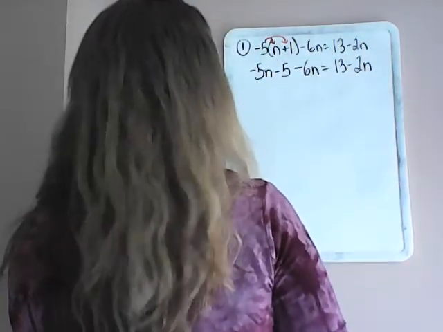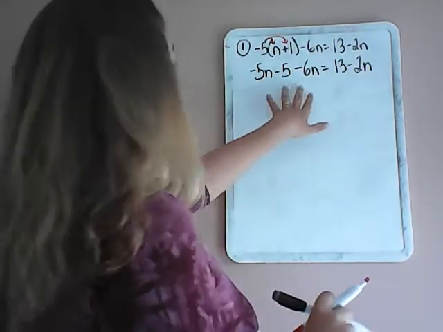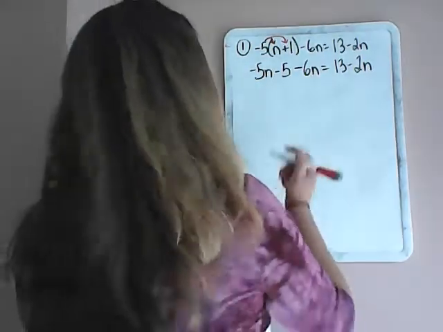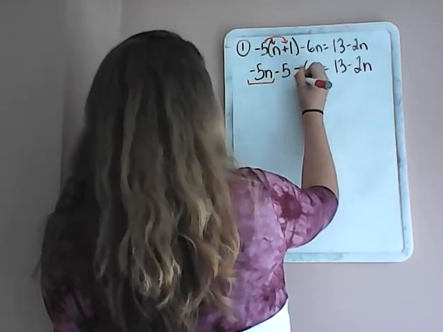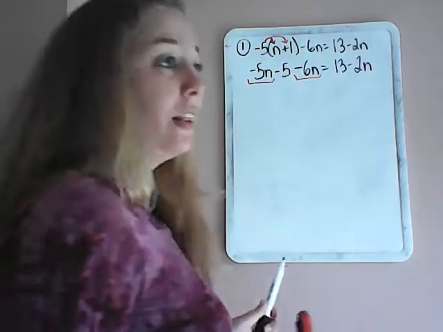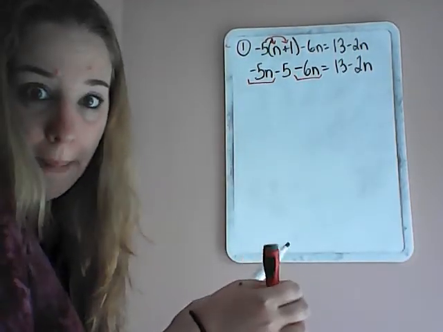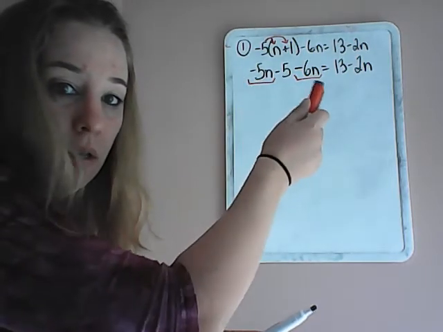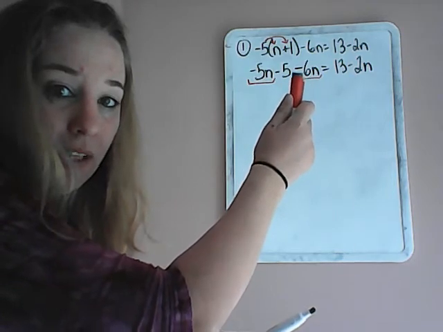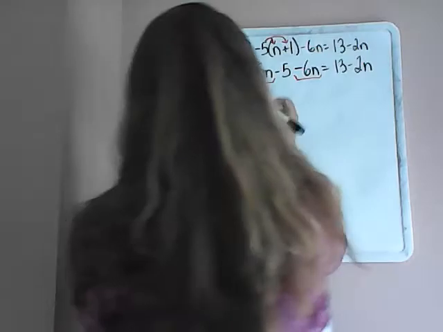Cool beans. Okay, step 2, combine like terms. If you look over here on the left, you'll see a -5n and a -6n. Those are like terms because they have the same variable on them, so we can combine them. -5n minus 6n, right? We have to keep that minus with it, is -11n.